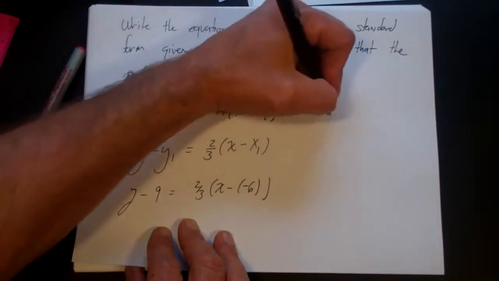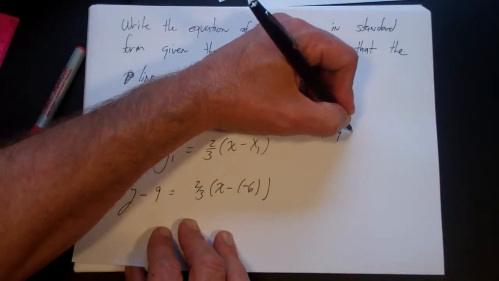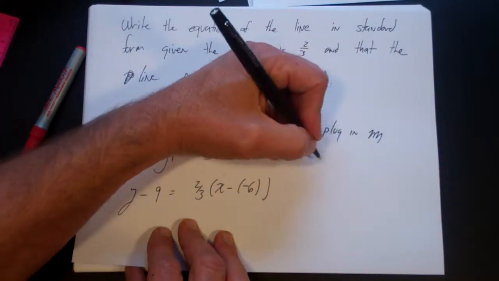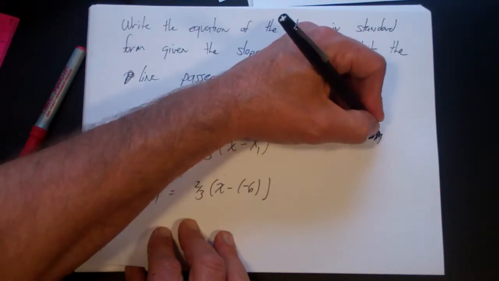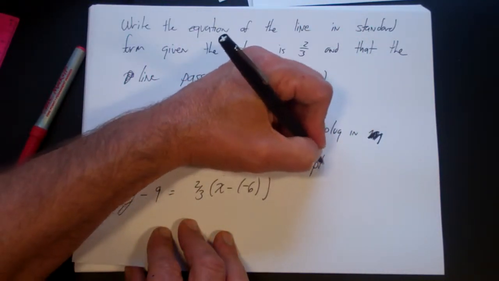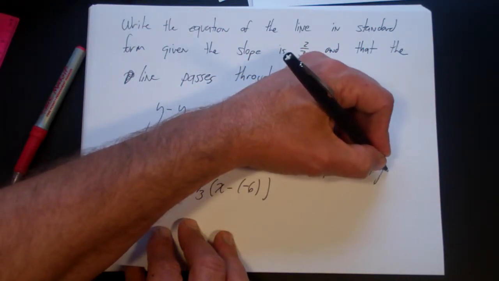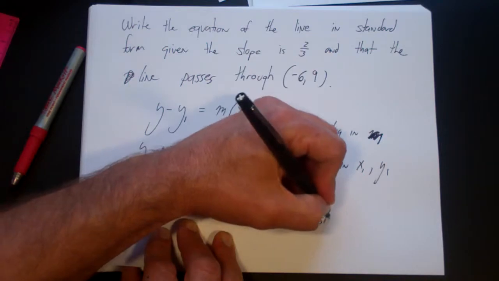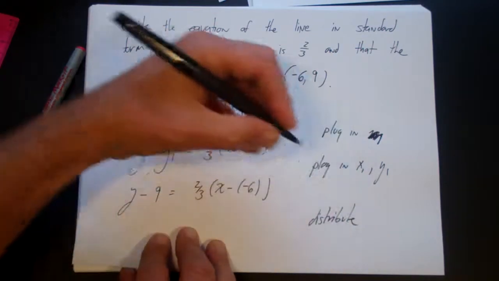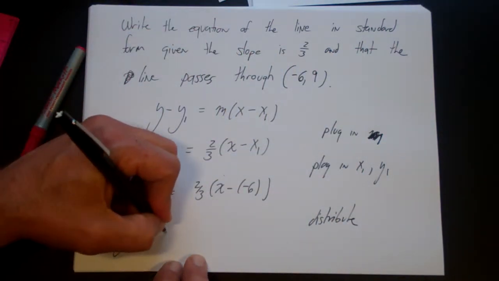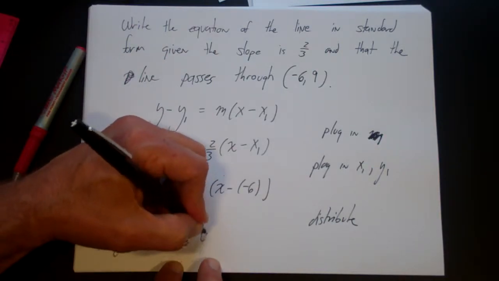So first step, plug in m. Second step, plug in x1, y1. Next step, distribute. And you have y minus 9 is equal to 2/3 x.